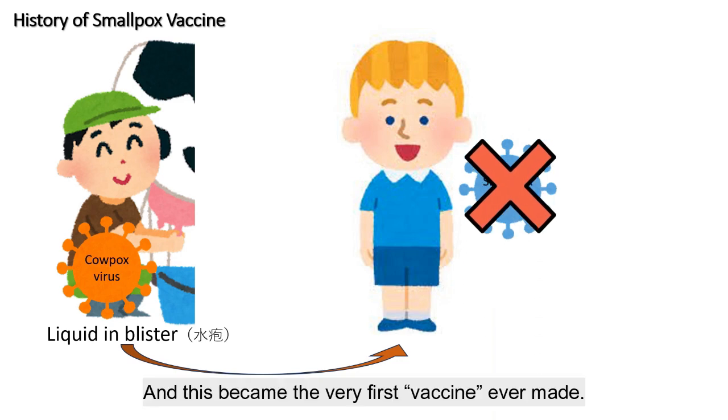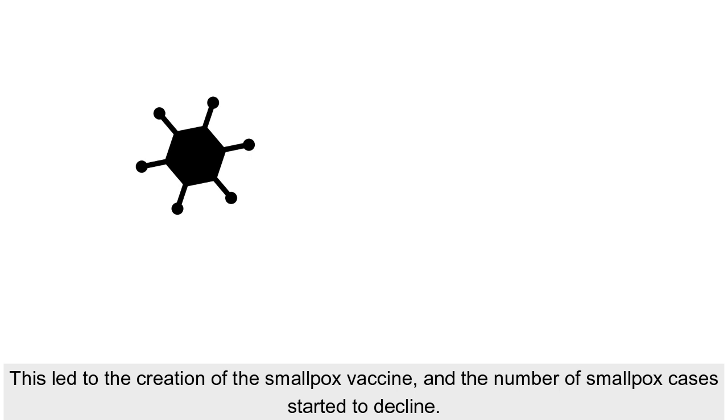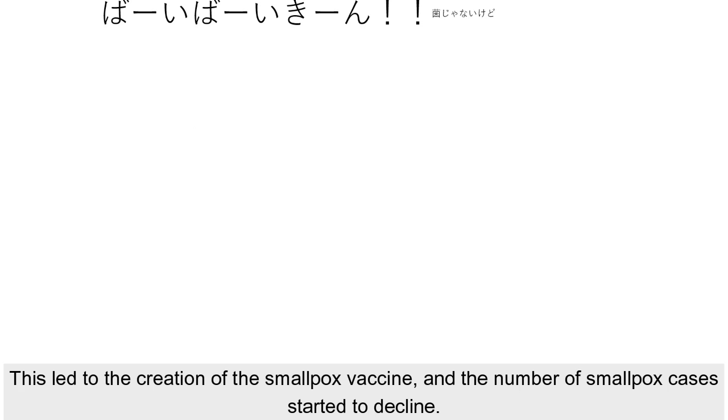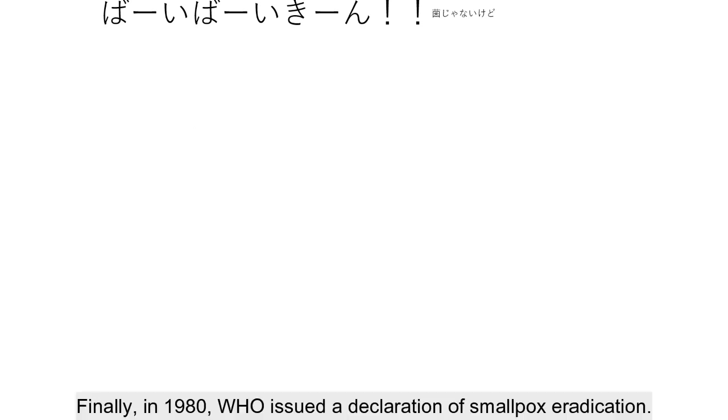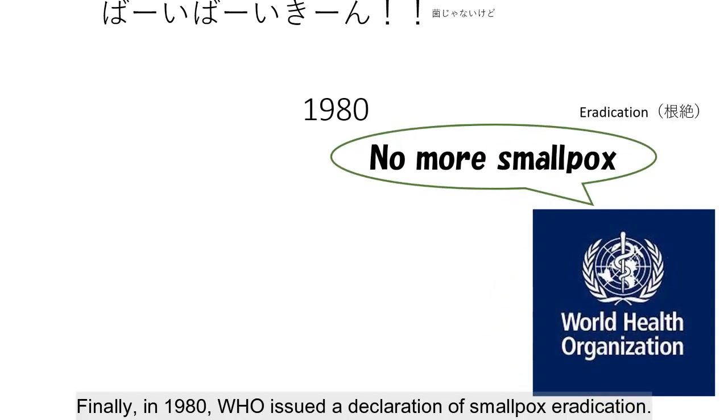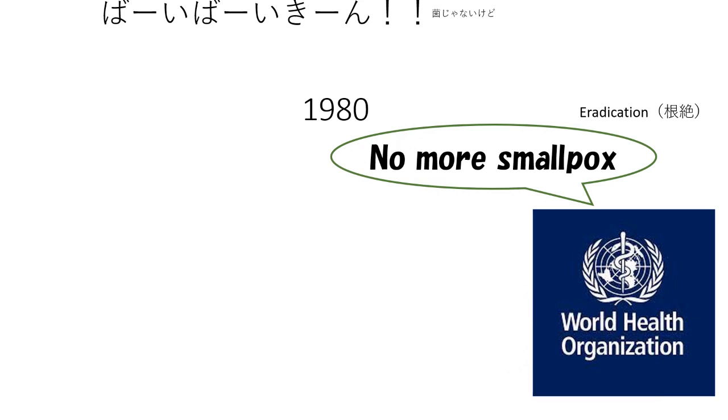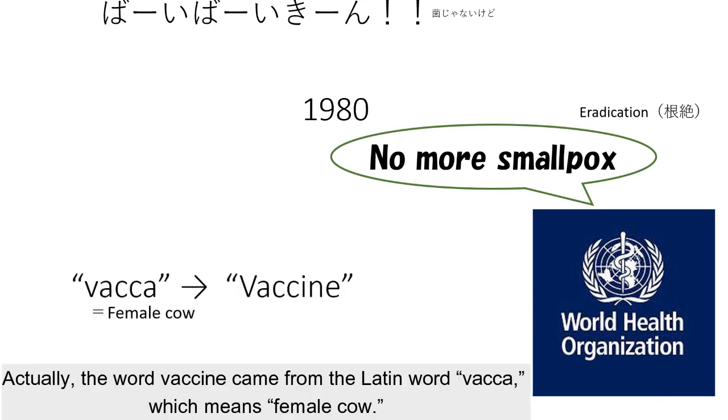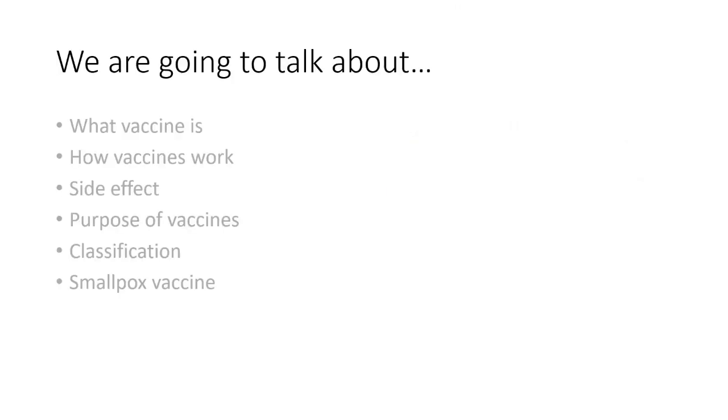And this became the very first vaccine ever made. This led to the creation of the smallpox vaccine, and the number of smallpox cases started to decline. Finally, in 1980, WHO issued a declaration of smallpox eradication. Actually, the word vaccine came from the Latin word vacca, which means female cow.